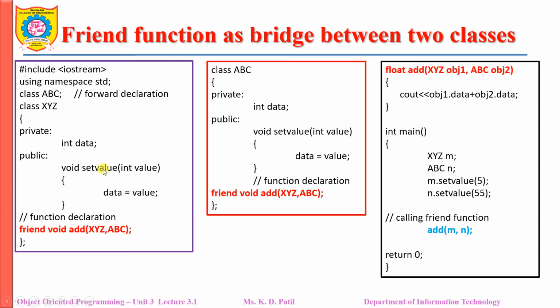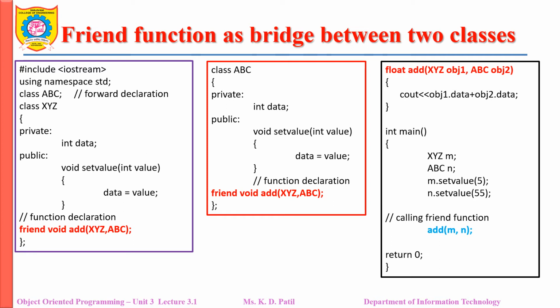Now the data will have a value of 5, which is of class XYZ, and data will have a value of 55, which is of class ABC. Now the addition has to be performed on those two values, and for that addition the common function, that is the friend function, has been called.